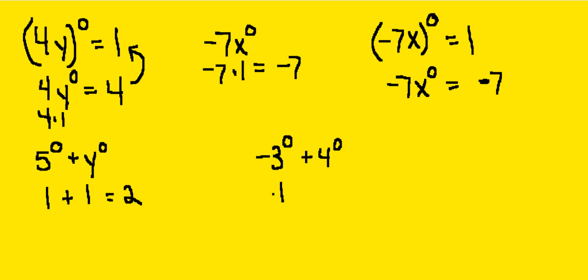And this negative just comes along. Or you could write that up as negative 1 times 3 to the 0. Plus 4 to the 0, and 4 to the 0 is positive 1. So this ends up being negative 1 plus 1, which is 0. Okay, there you go. A little more about the 0 exponent.